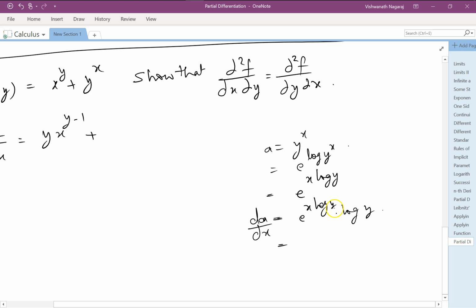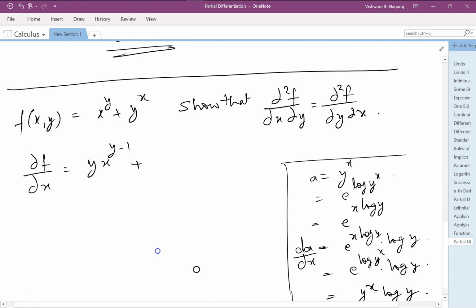Now e to the power of x log y can be written as y to the power of x, log y. The e and log can again be cancelled, so we end up with y to the power of x log y. dA by dx is going to be y to the power of x log y.